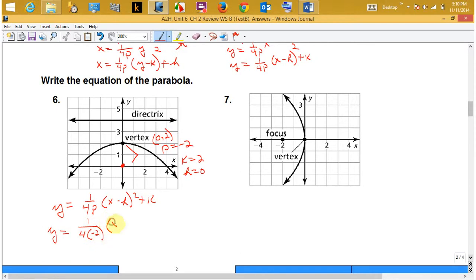Then I would have x minus h. We said h is 0, so that's just going to be x squared plus k, and k is 2. So writing that in a little better form, I would have y is equal to a -1/8 x squared plus 2.